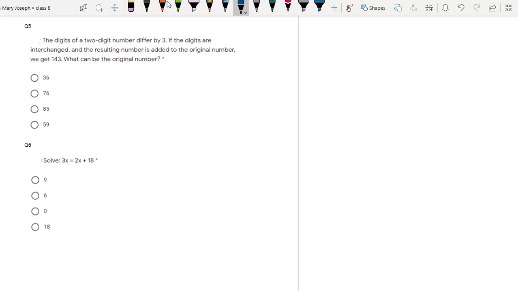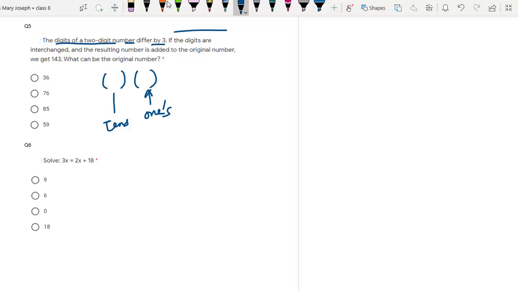Question number 5. The digits of a 2-digit number differ by 3. So, as I told you, a 2-digit number, this is the 1's digit and this is the 10's digit. So, question is saying there is a 2-digit number whose digits differ by 3.